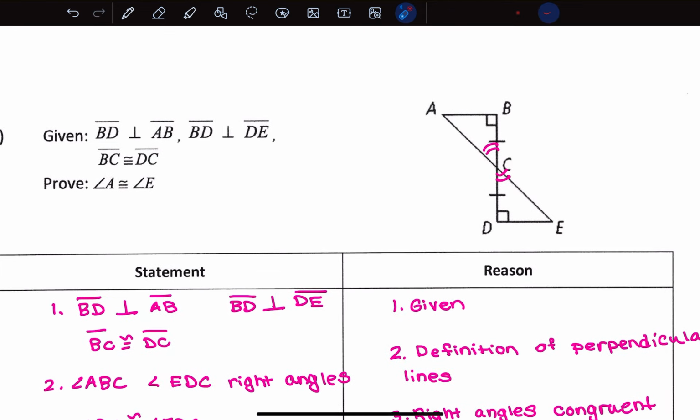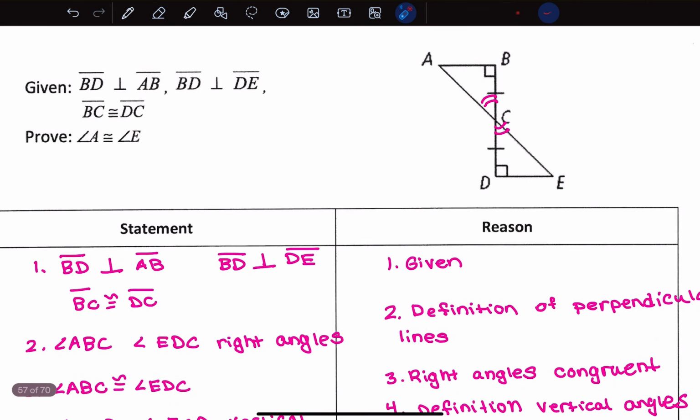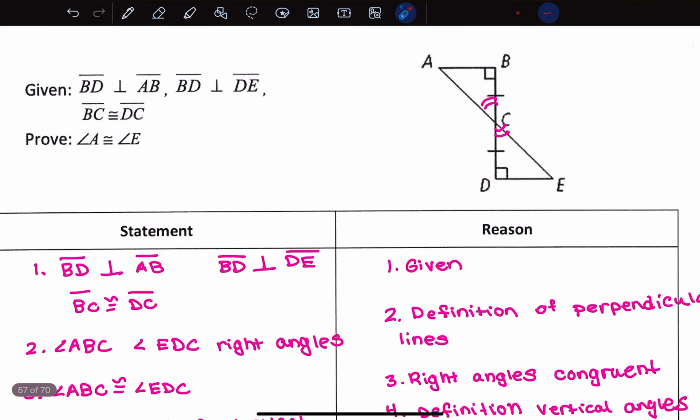So my first two lines, the first line I rewrite the given statements. The second line I'm stating that I have two right angles based off of the definition of perpendicular lines. The third line I'm stating that those two angles are congruent because right angles are congruent.